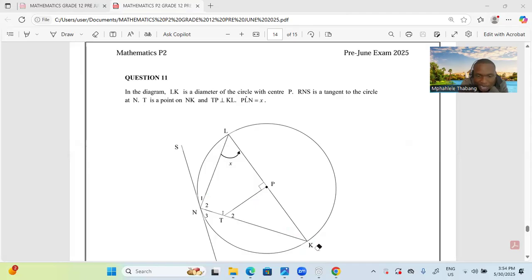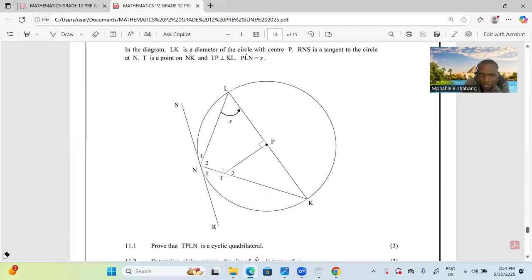Now they are saying RS is a tangent. So let me pull it a bit up. We've got the line of tangent, which is the line RS.